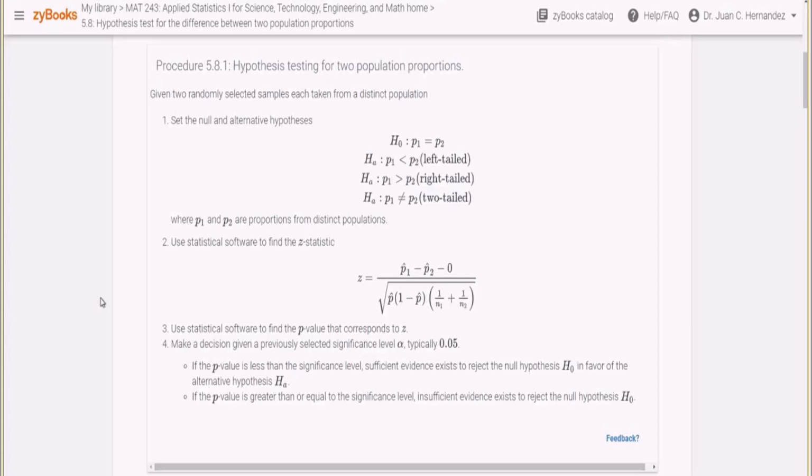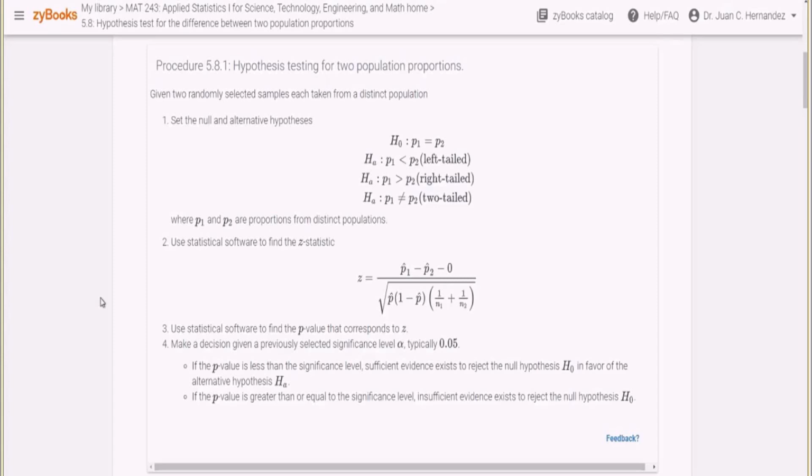Secondly, we will then use the statistical software, in this case Python, to calculate the value for the z statistic. As the formula shows, it will take the difference between the two sample proportions, and keeping in mind that the 0 in this case represents the mean of the standardized normal distribution, this is divided by the pooled proportion p hat times the opposite of that.